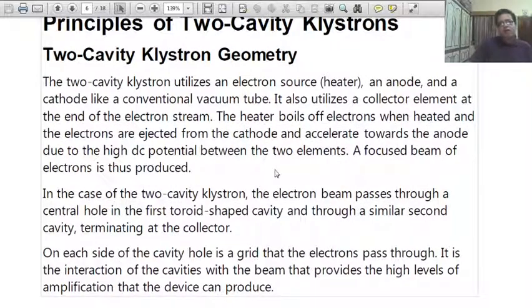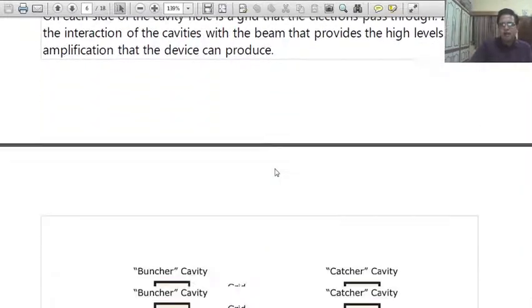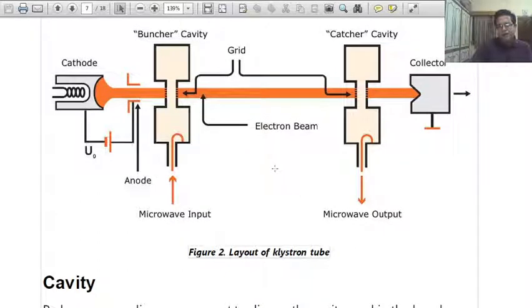What is the principle of klystron? The same principle is explained again here, the same diagram in a different approach. Here you can see a potential applied between anode and cathode that gives acceleration to the electron, and a potential applied between the collector and input that acts as a collector plate.